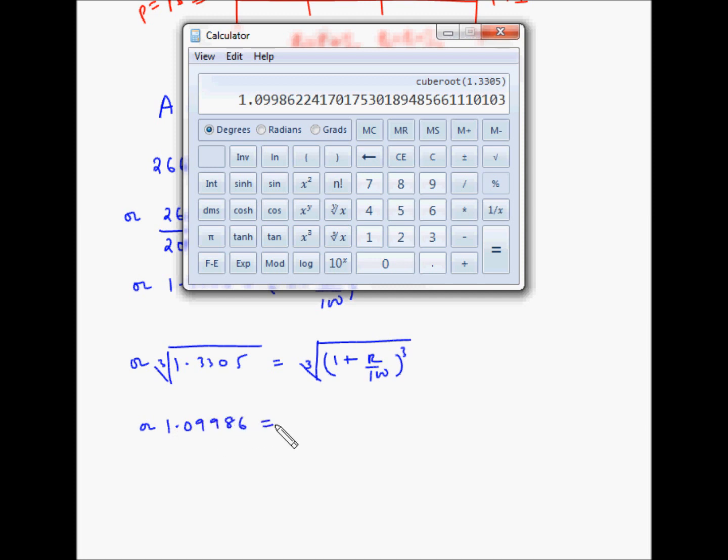So 1.09986 is equal to, so this cube and this cube root get cancelled. So this is equal to 1 plus R by 100. So now we can take this 1 to the other side.